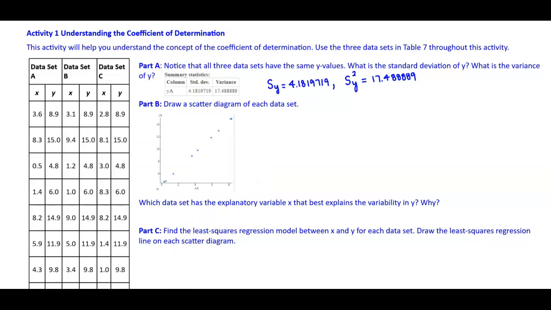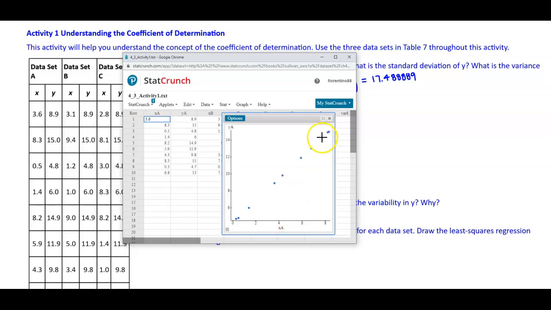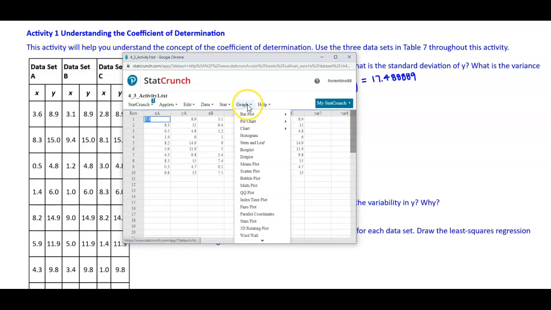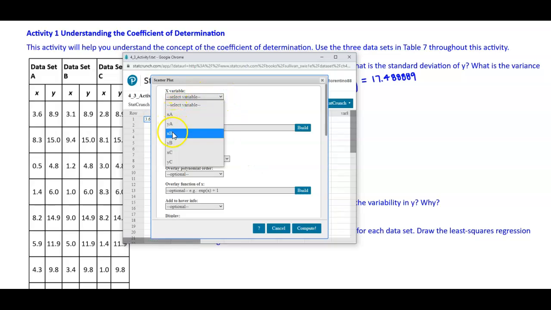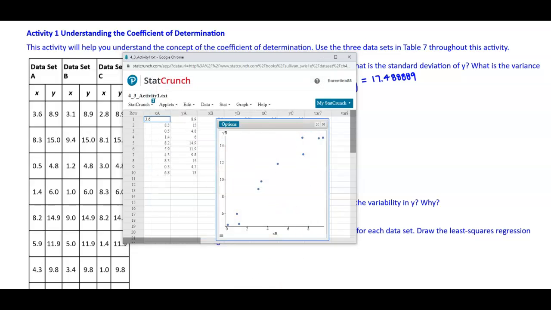Then let's take a look at the scatter plot for data set B. We're going to go to scatter plot. We have X, which is the B data, and the Y, B data, and then we select compute.